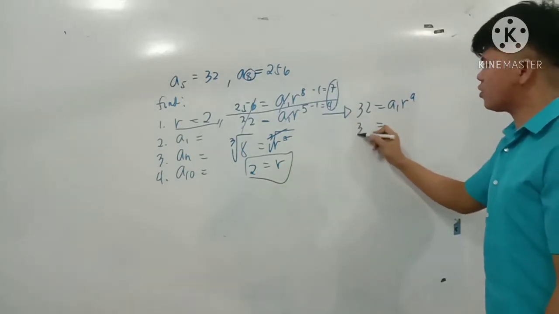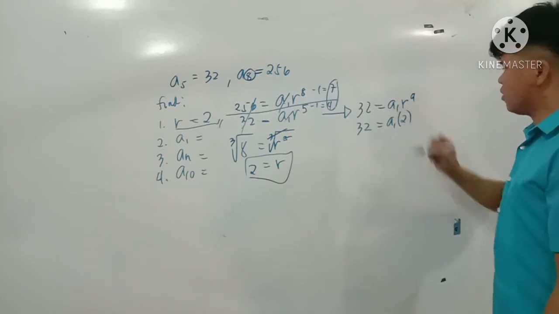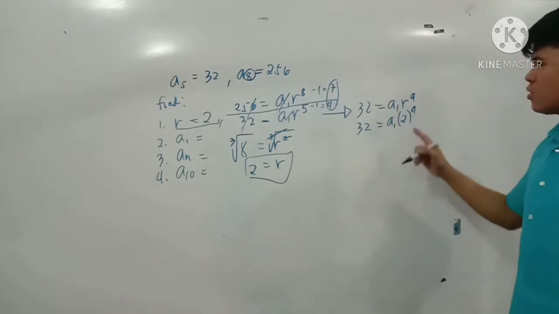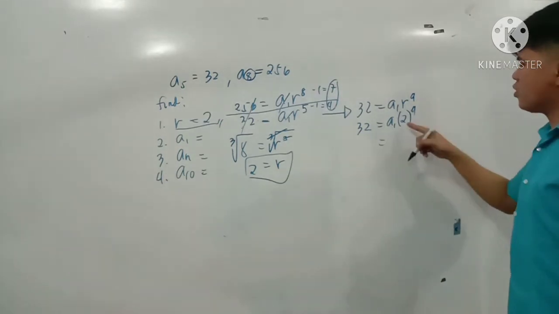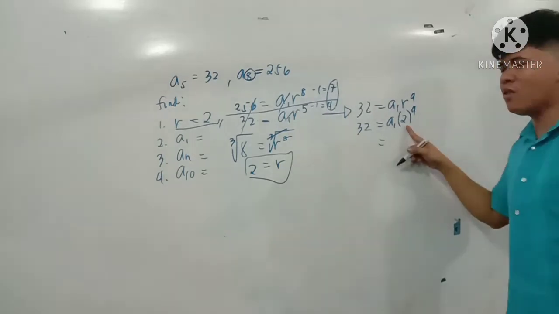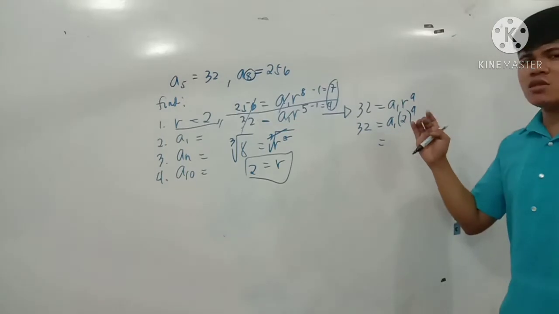So copy 32, a sub 1, then our 2 refers to r, then copy the exponent 4. 2 raised to 4 means you multiply 2 by itself 4 times. 2 times 2 is 4, times 2 is 8, times 2 is 16.